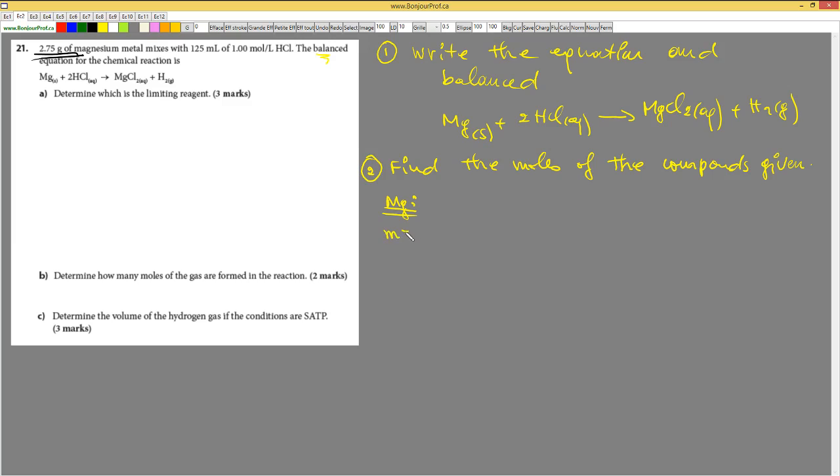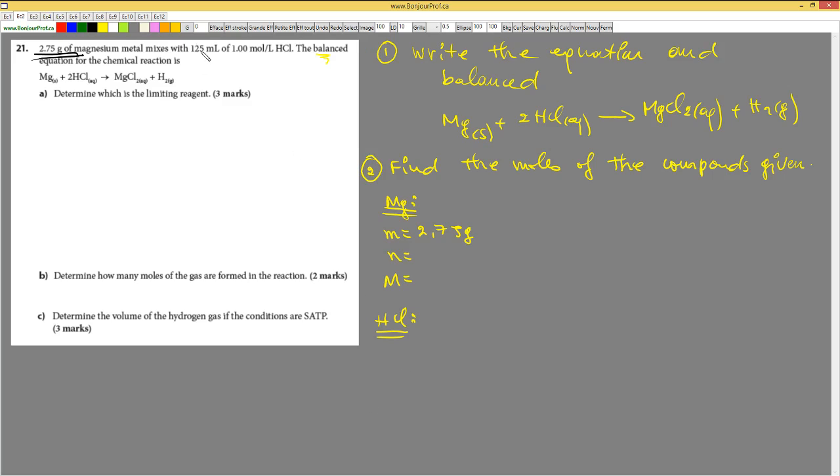I know its mass. So the mass always goes with the number of moles and the molar mass. What is the mass they gave me? 2.75 grams. Now, magnesium metal mixes with 125 milliliters of 1 mole per liter of HCl. So for HCl, what do they give me?